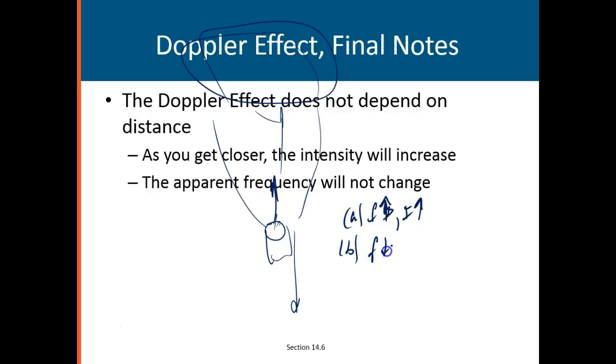C, the frequency decreases and the intensity decreases. And D, frequency stays the same, intensity decreases. Which of those do you think would be the case? Balloon's going up, the buzzer's falling down.